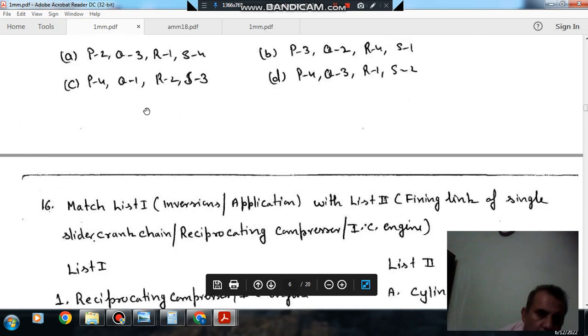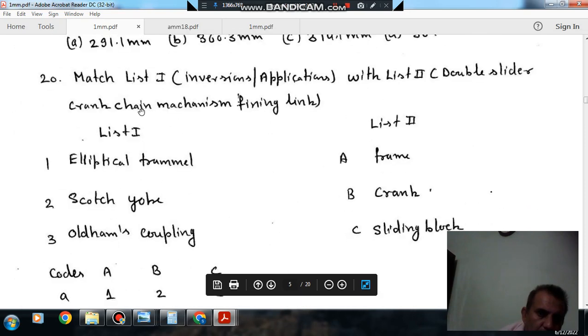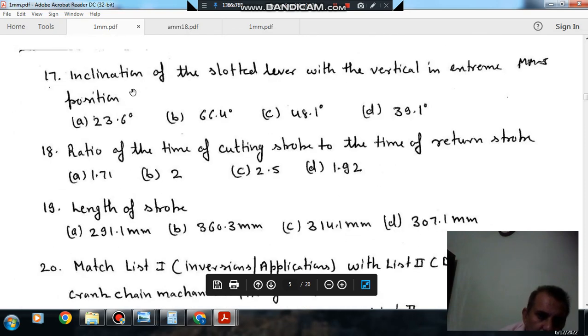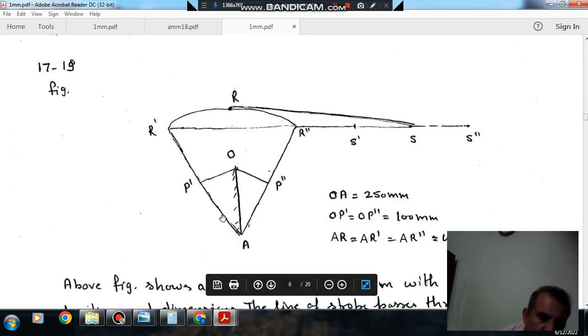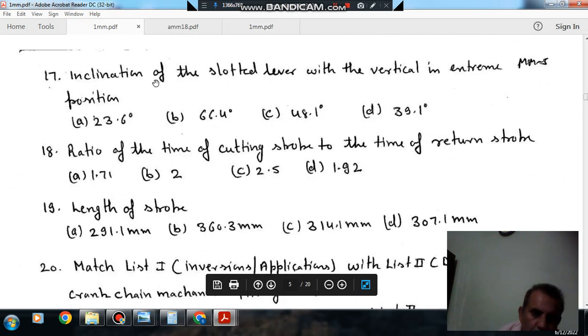Question number 17 is the inclination of the slotted lever with the vertical in extreme position. So this is your slotted lever, and we have to find the inclination of it with the vertical.